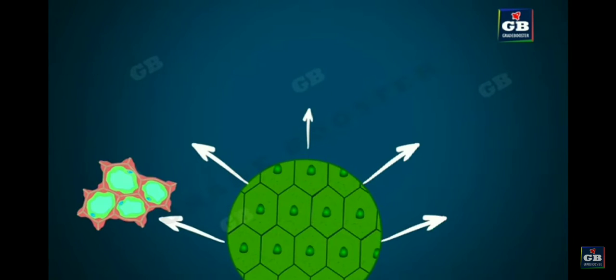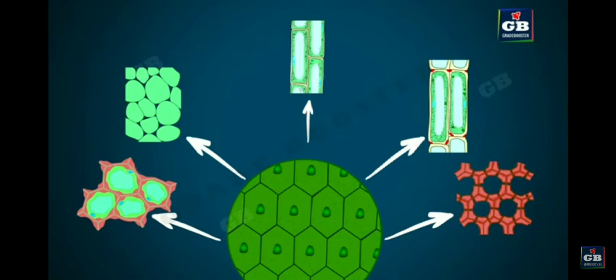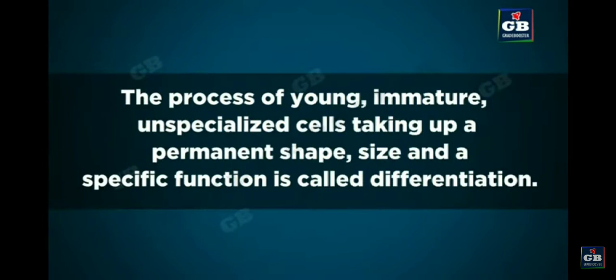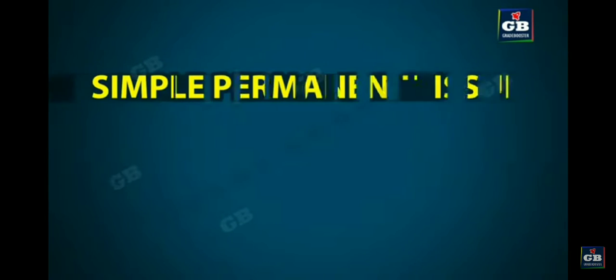In the same way, the young, immature, unspecialized cells like meristematic cells get differentiated into permanent tissue with specific functions. So, the process of young, immature, unspecialized cells taking up a permanent shape, size, and a specific function is called differentiation.